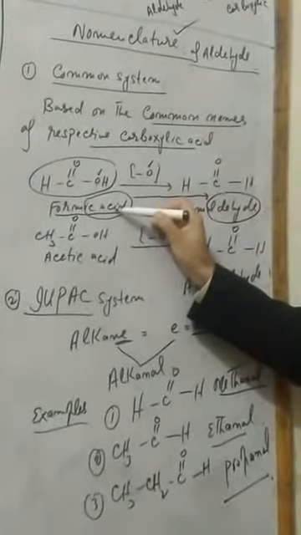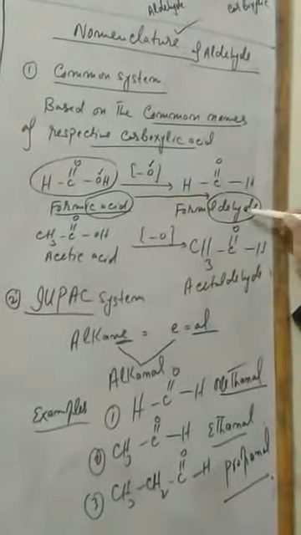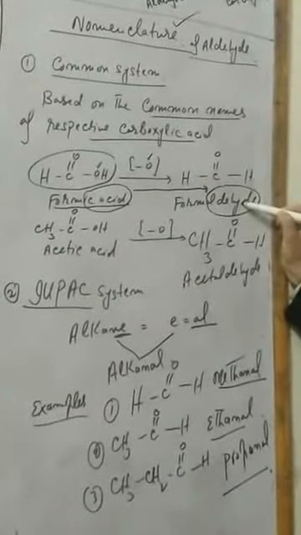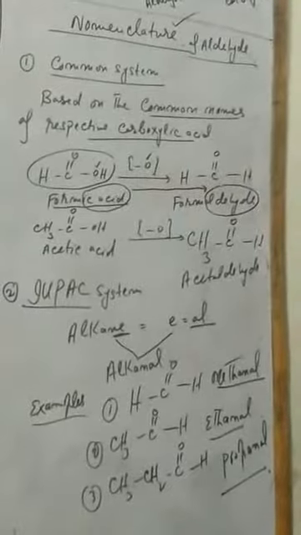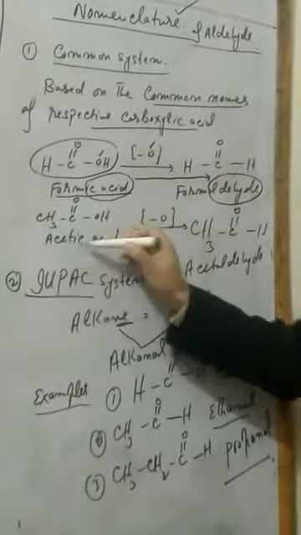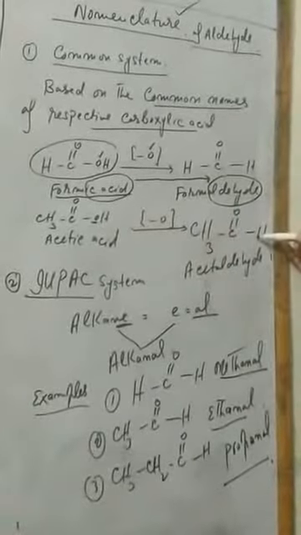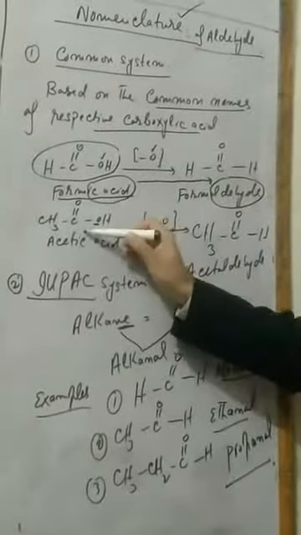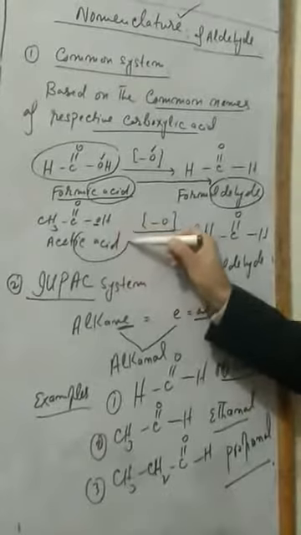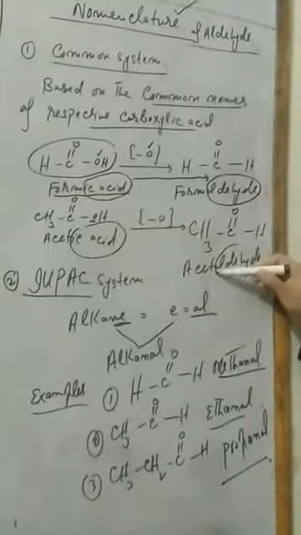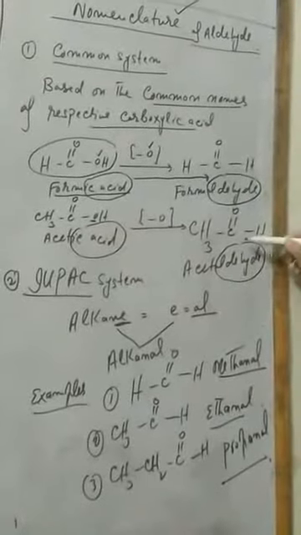Remove "ic acid" from the common name of the carboxylic acid and replace it with aldehyde, and you will get the name of the respective aldehyde obtained from the given carboxylic acid. Similarly, here is acetic acid. Just remove this oxygen and you will get the respective aldehyde. The name over here is acetic acid, and now the name will become acetaldehyde.